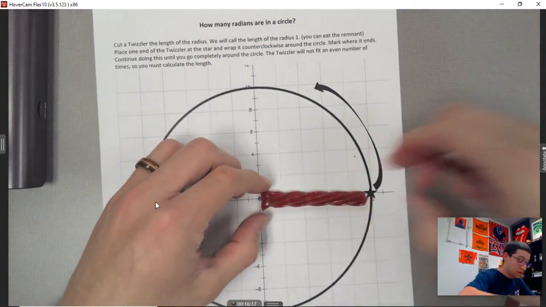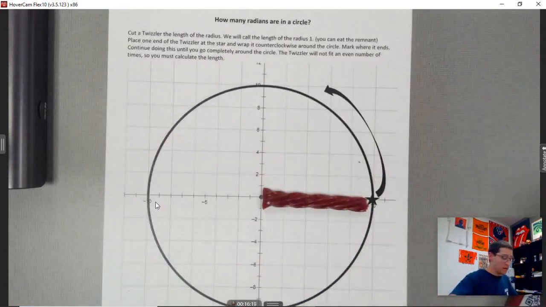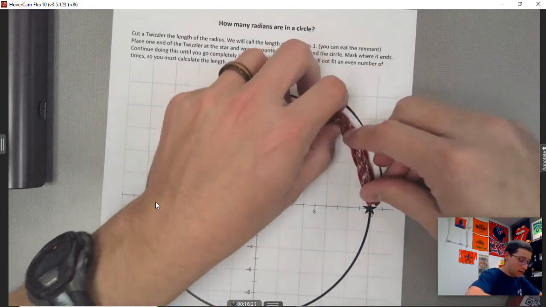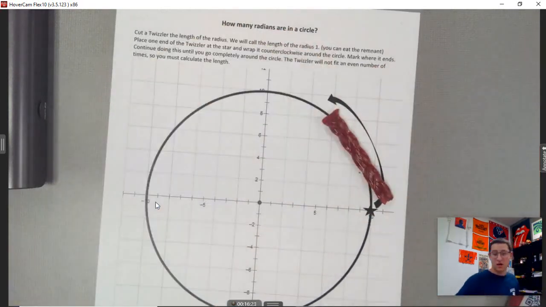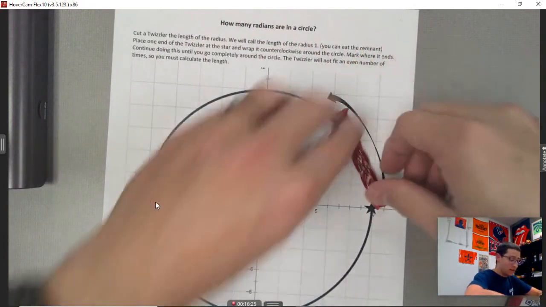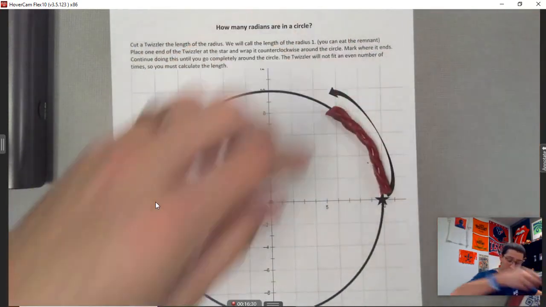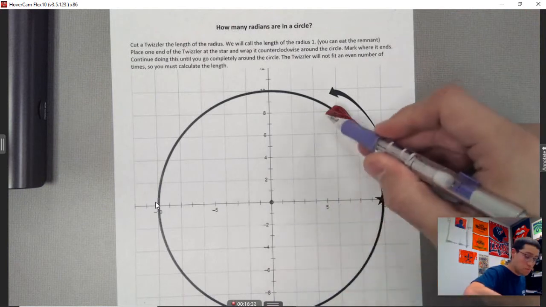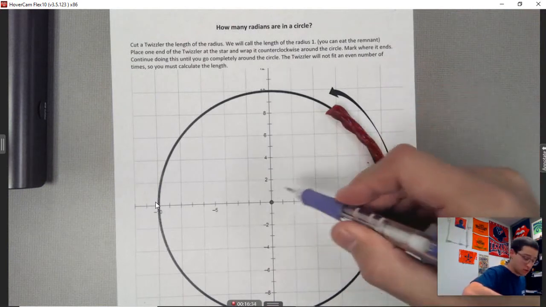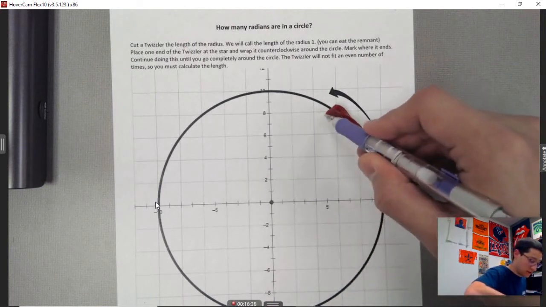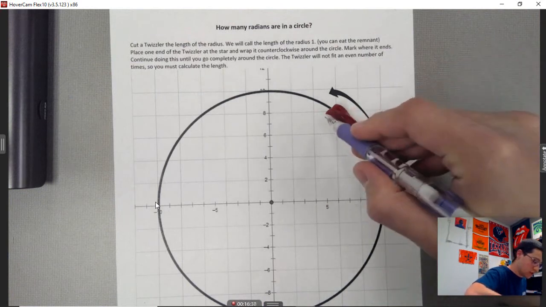So that is 1 radian. If I wrap it around here, that is similar to what we just did on our paper. It doesn't wrap perfectly, but that angle, the end of that, from here to here, we'll go ahead and draw it.